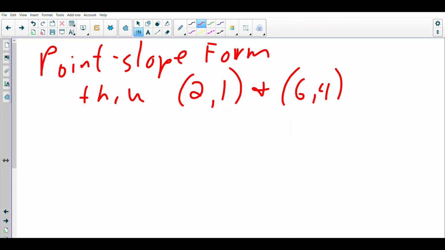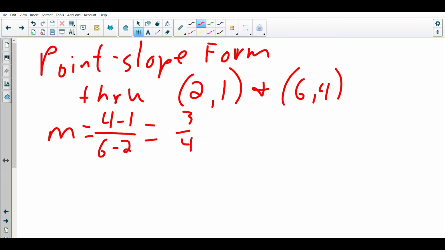So this one, they only give us 2 points. So before it said that we need to find the slope. So let's find the slope quick. So m is equal to 4 minus 1 over 6 minus 2, and we get 3 over 4. So we got the slope.